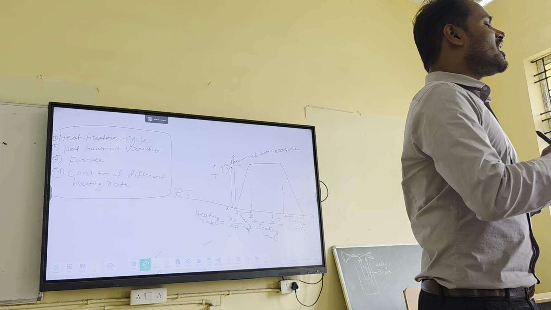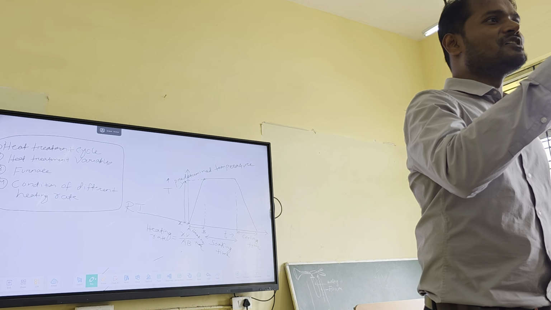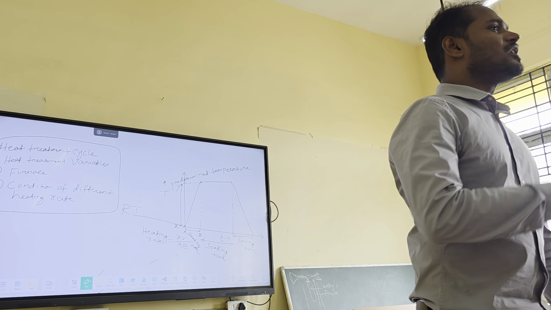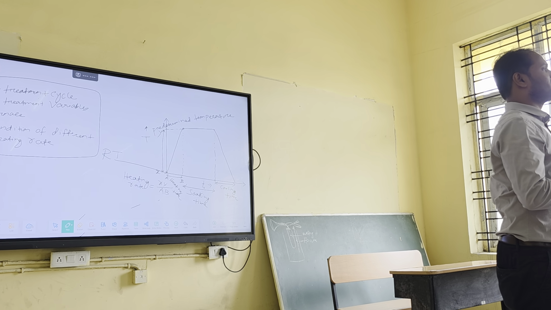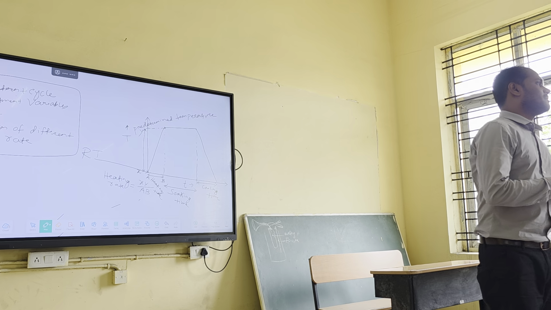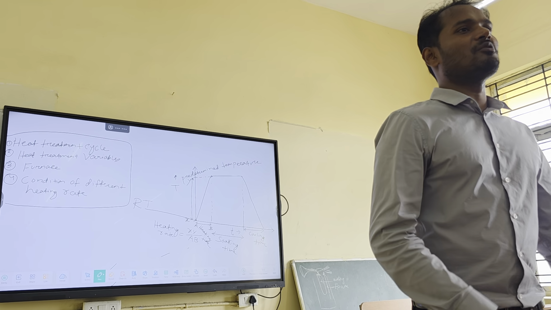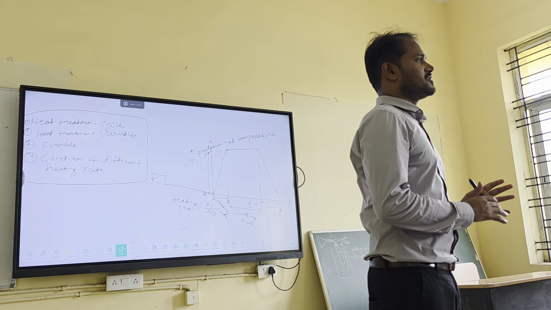But after 500 degrees centigrade, the temperature rise will automatically slow down, even if you have given the instruction. So at higher temperature, the heating rate will automatically get affected. It will not rise 10 degrees per minute. It will be maybe 5 degrees, or 8, or 7, depending. It happens in the real situation.